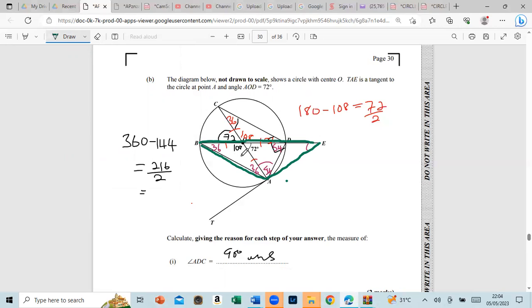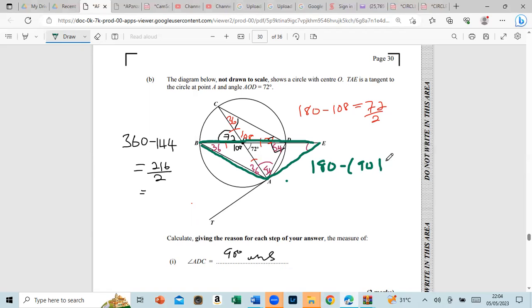I'm going to use angles in a triangle add up to 180. So I know that is 180 minus 36 plus 54, which should give you 90. So these two give you 90, plus 36.